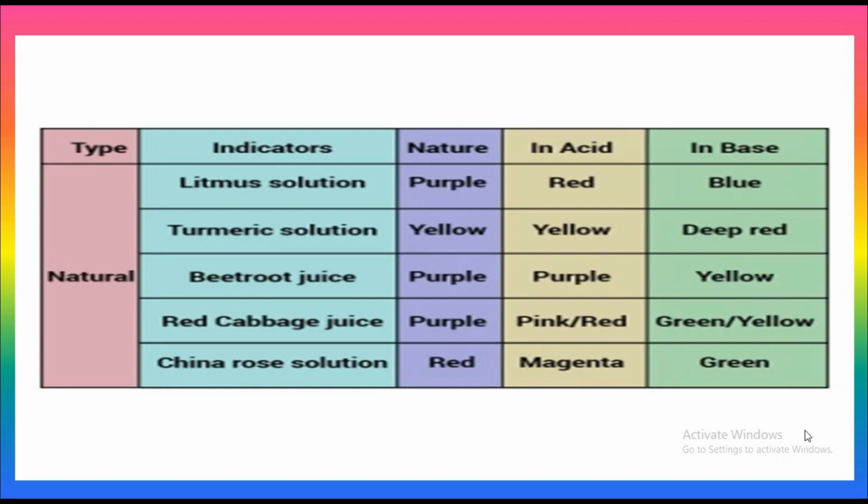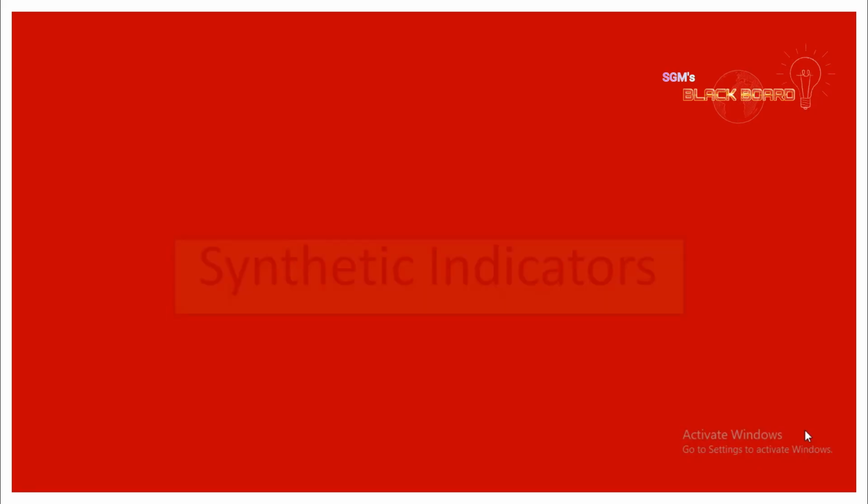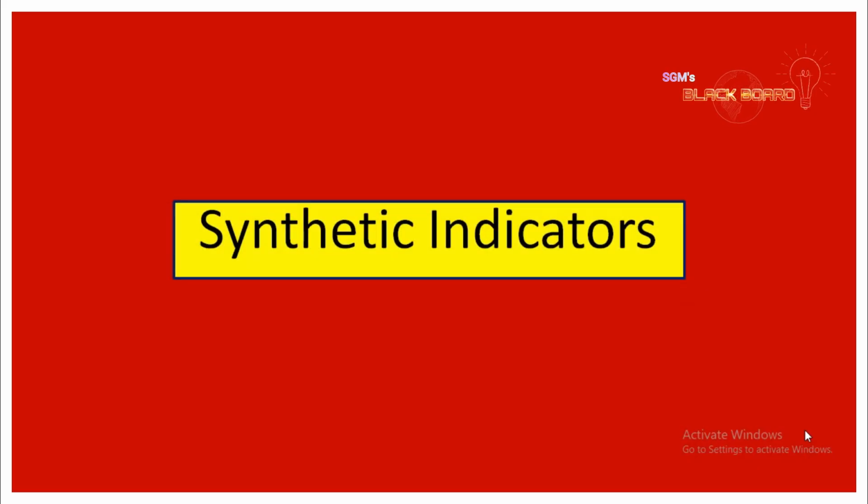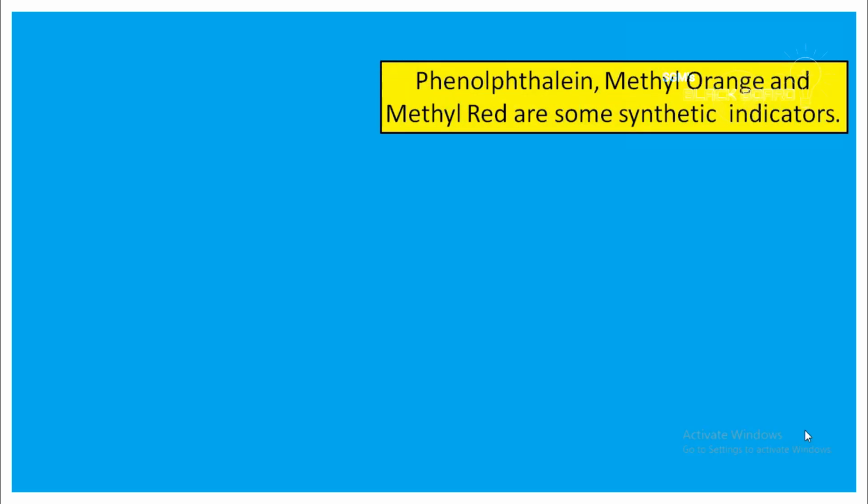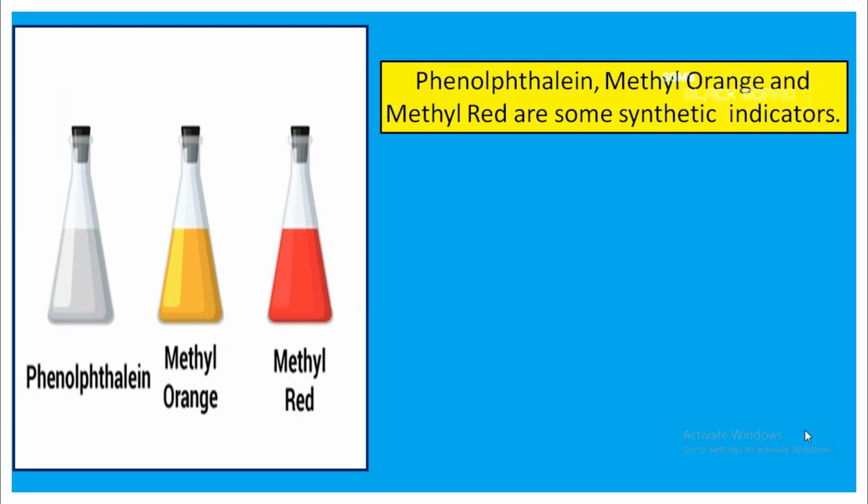Like that we can use these natural indicators to test the acidity and basicity. Already we tested them in the last session. And next we also used synthetic indicators to test the acidity and basicity. So what are synthetic indicators? Phenolphthalein, methyl orange and methyl red are some synthetic indicators.